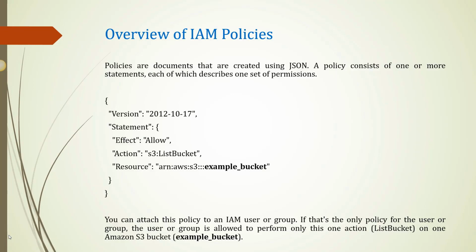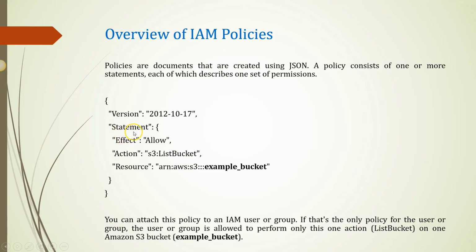Policies are documents that are created using JSON. A policy consists of one or more statements, each of which describes one set of permissions. So here you can see the JSON document. This is the version number, which is there by default. And here is the statement. You can create a number of statements.